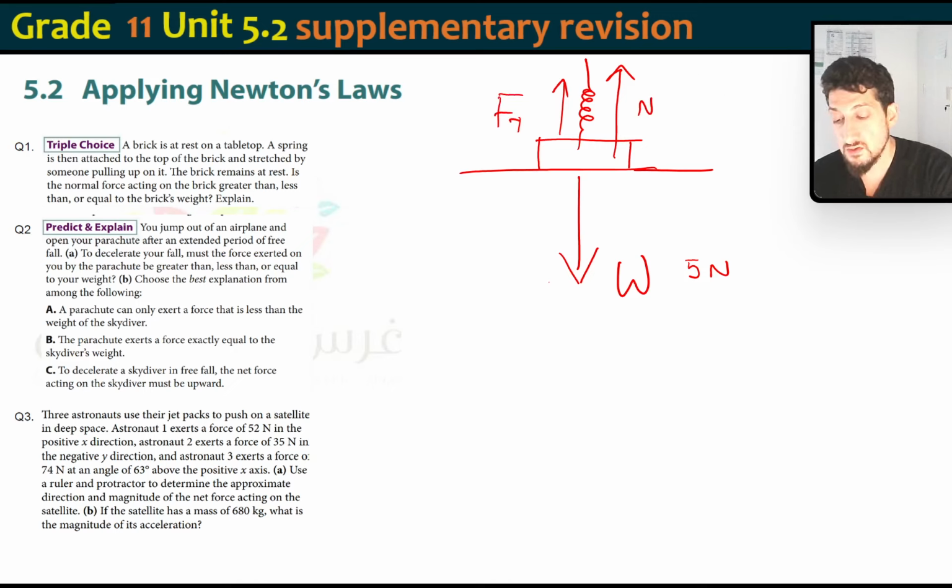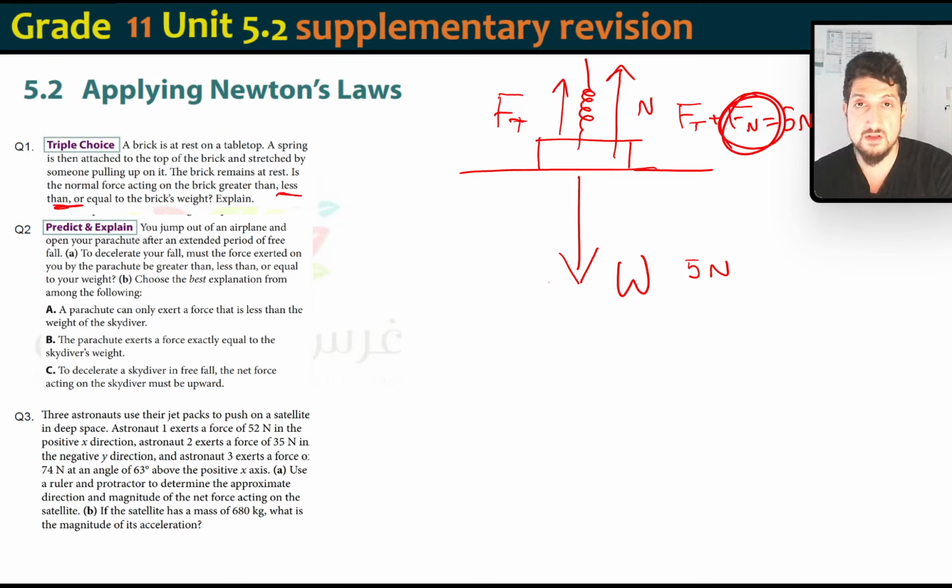So instead of before, where normal force equals 5 newtons, now it's tension force plus normal force equals 5 newtons. So what happens to normal force? It got less. Normal force reduced. So it's less than before, because now we have another force supporting the brick. Okay?